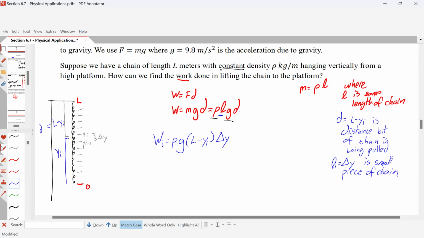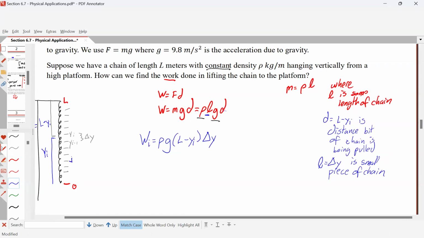So if I want to find the work for all of this chain to be pulled up, it would be the work to pull up each small little segment of chain, the work to pull up this small segment and this small segment. So we add up all of our pieces of work, the sum from i equals 1 to n of each piece of work, rho g times L minus yi delta y.